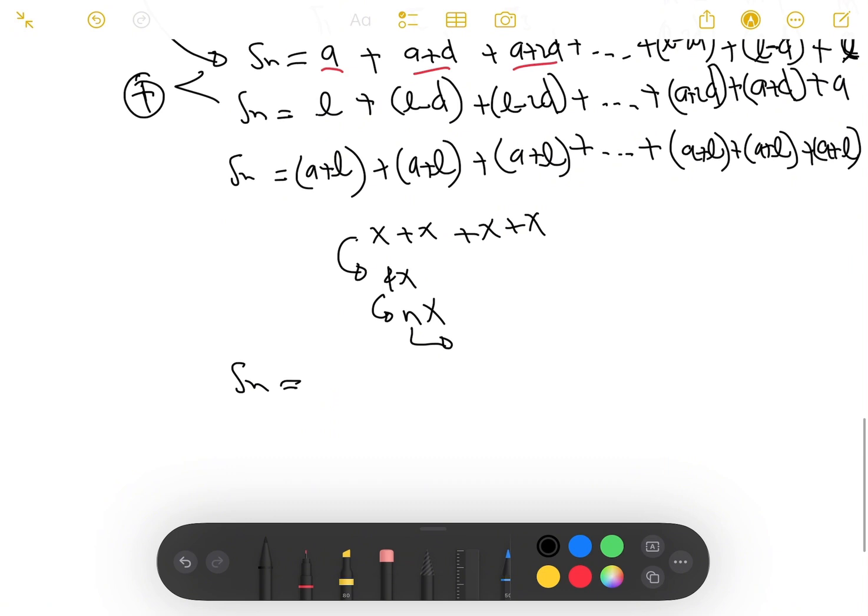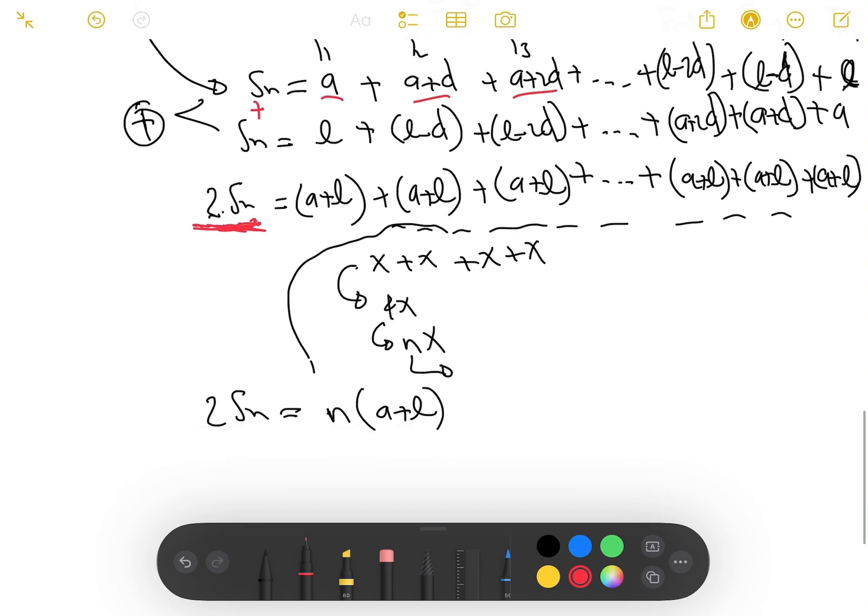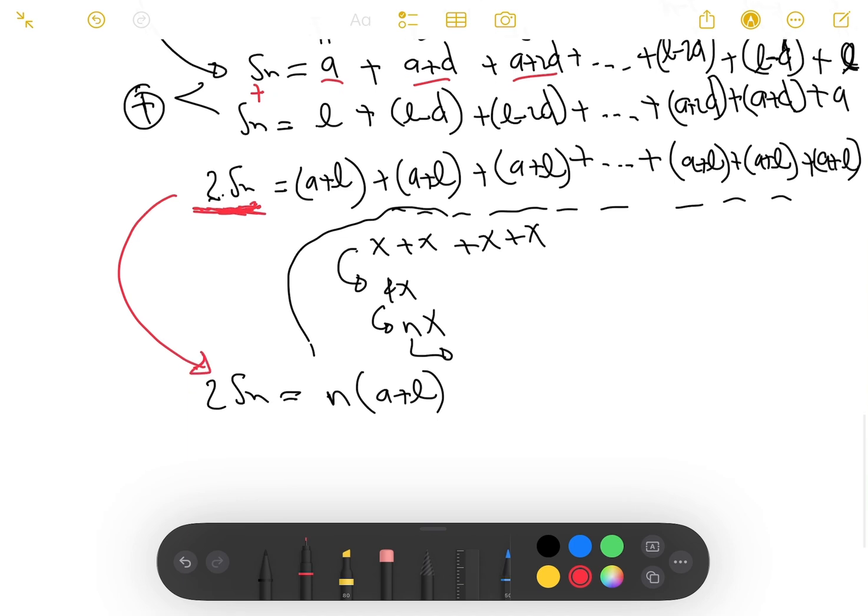So let's let our n stand for however many times these terms appear. We therefore get n times a plus l. And then here, sorry, this is actually 2, since we're adding Sn plus Sn. I was supposed to have written this right here, so apologies on that. This right here is 2Sn, because when you say Sn plus Sn, we get 2Sn, right?